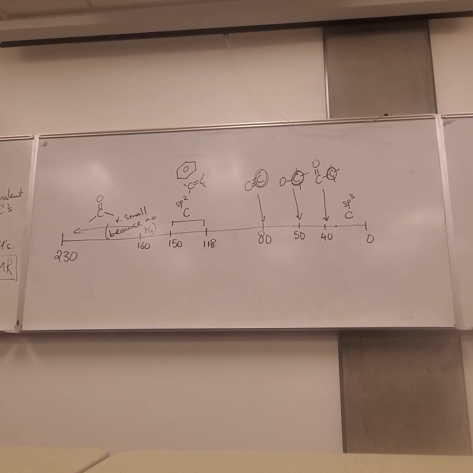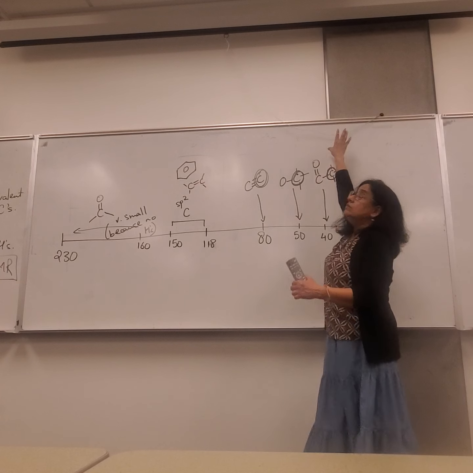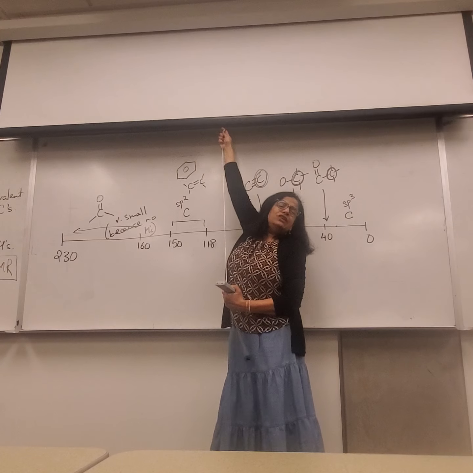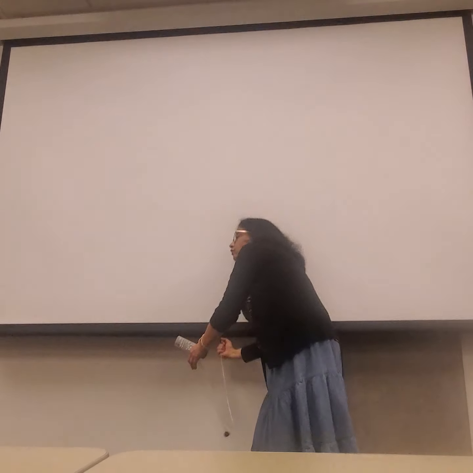There's another experiment that your book is talking about called a DEPT experiment. We are not getting into the depths of it. But basically, it's an NMR experiment that allows us to decide whether a carbon is CH3 or a CH2 or a CH and so forth.